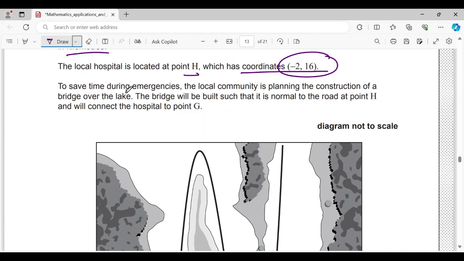To save time during emergencies, the local community is planning the construction of a bridge over the lake.